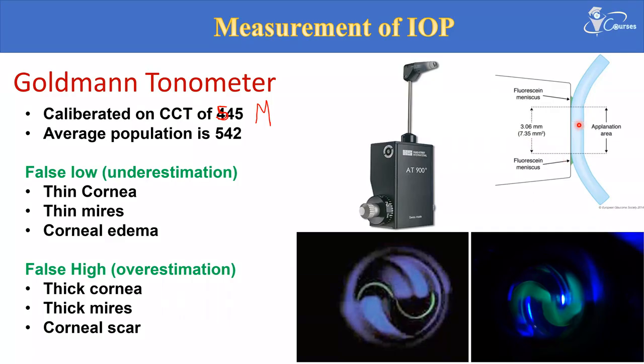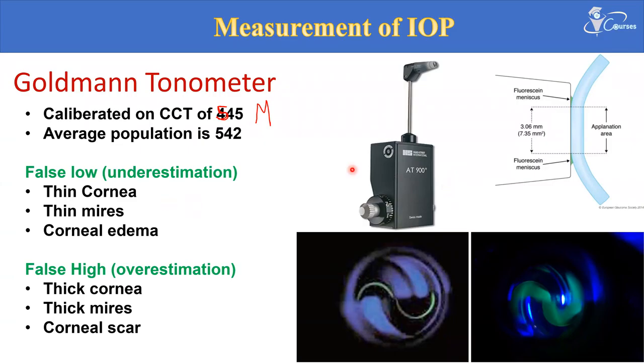Okay, so this is a false low because of a thin cornea, which happens frequently when you are measuring the intraocular pressure after refractive procedures such as LASIK. So LASIK is causing thinning of the cornea. That's why you should pay attention to this thinning in those patients, and that's why you should also consider this before doing LASIK for glaucomatous patients, as it will pose a certain challenge in measurement of the intraocular pressure after the surgery.